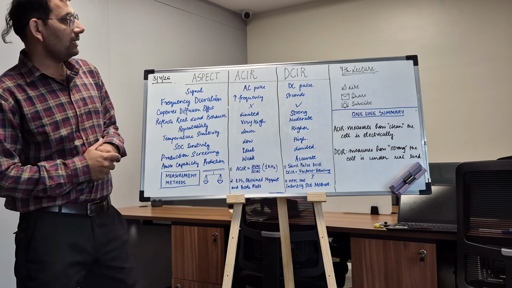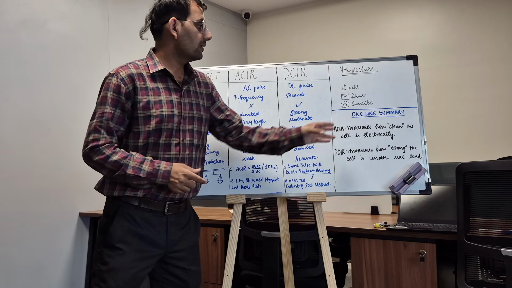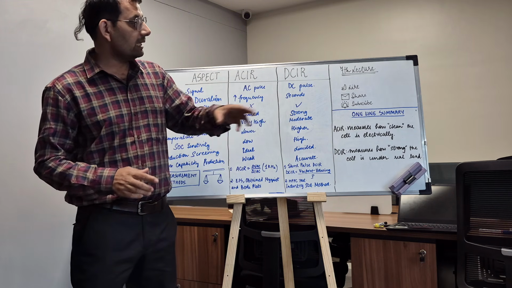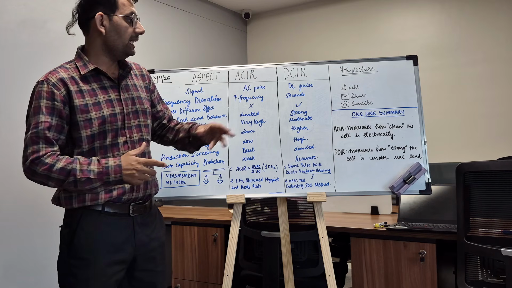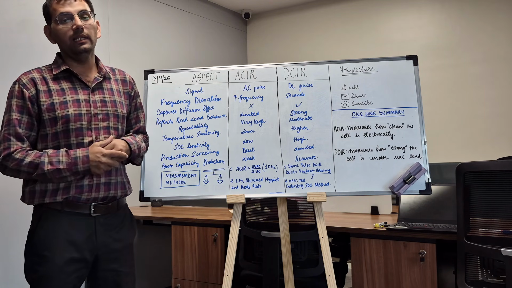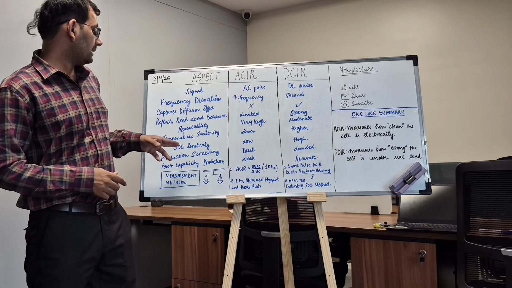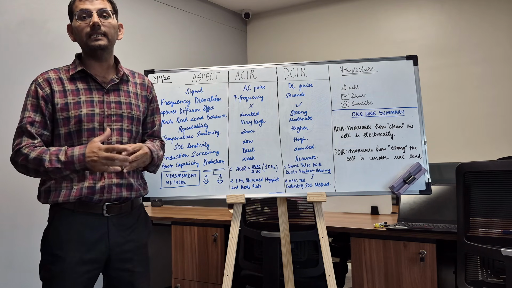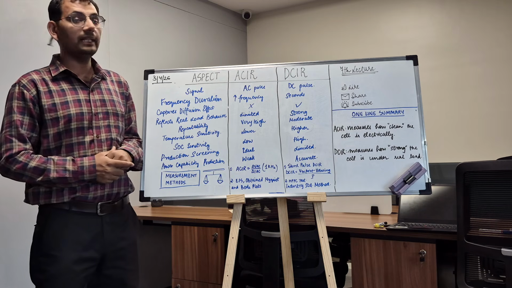In a one line summary, I conclude that ACIR measures how clean the cell is electrically, and DCIR measures how strong the cell is under real load. कितनी पावर कैपेबिलिटी है, power capability prediction of a cell I can easily find out by the measurement of the DCIR. So these are the basic differences between ACIR and DCIR.